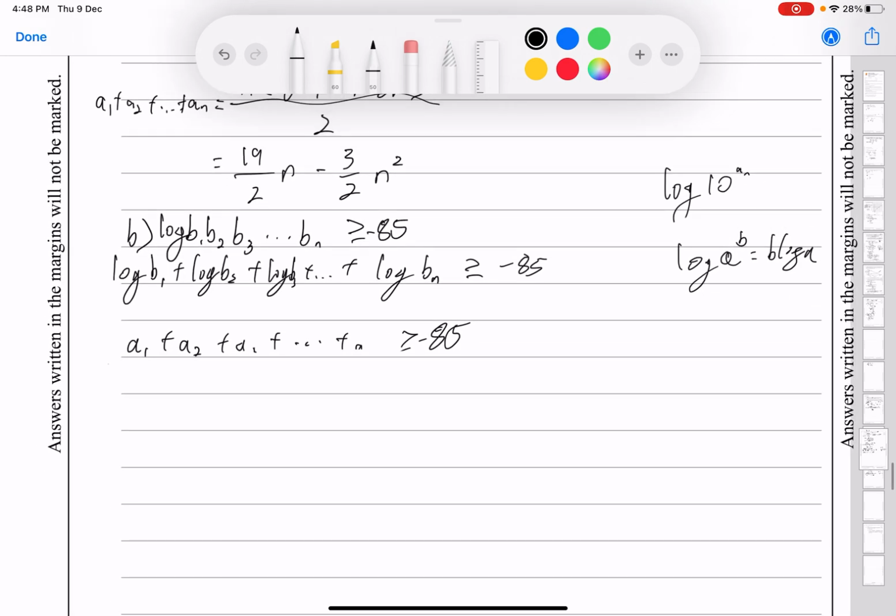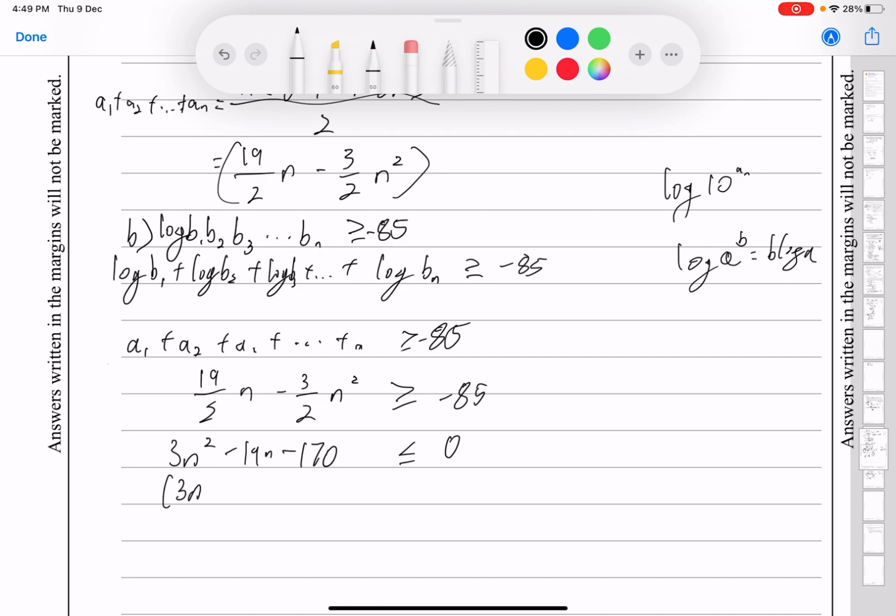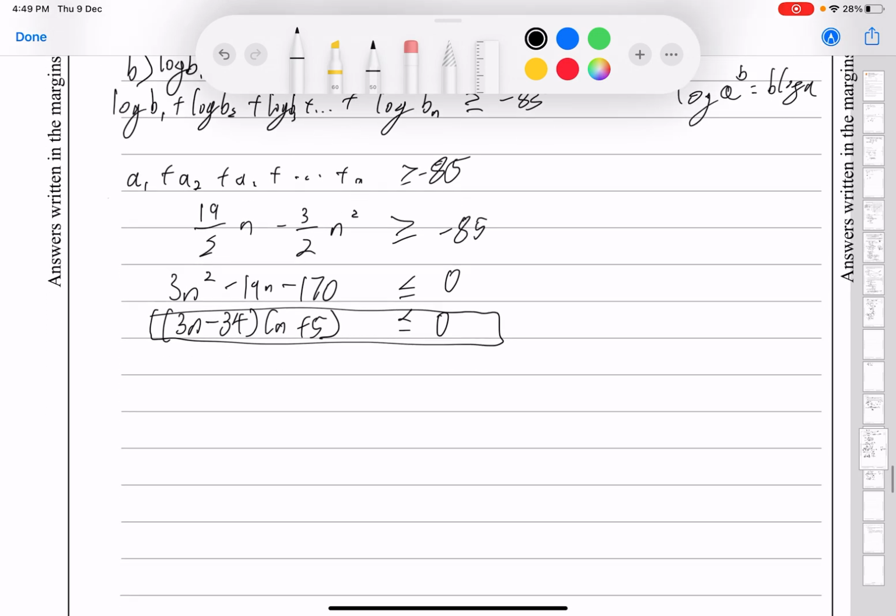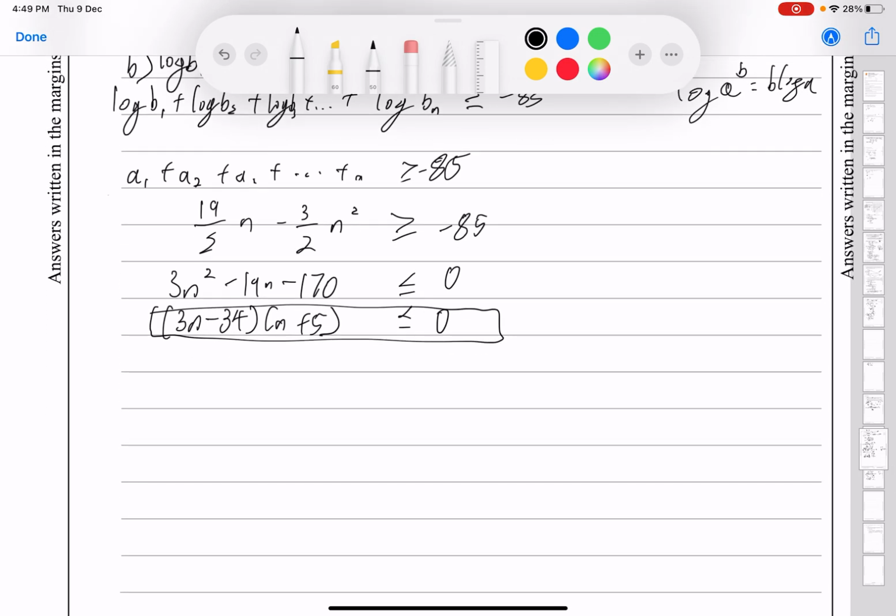So we can already apply the formula from part A to find the value of n. And after that, we'll find this pretty formula here. After factorization, using the program, you'll find this equation here. However, we need to beware.